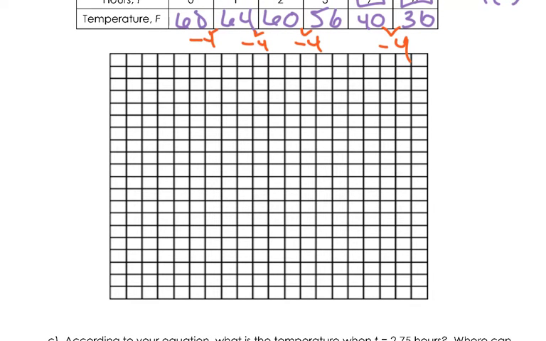Well, to graph it, I really have to be able to label my axes and also create them. So here, this is definitely going to be my Y, or in this case, F. Right, that's my range, and in this I can label it as temperature.